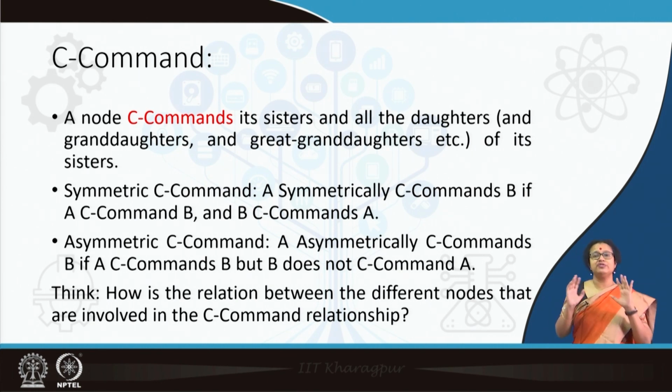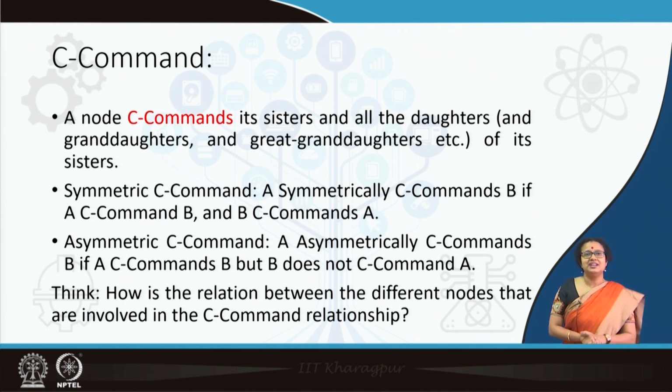So, just try to visualize a tree in front of you. If node A is there, it is C commanding, which is a relationship, its sisters which are at the same level, and the daughters and daughters of its sisters. So, something which is dominated by the sisters. So, daughters and granddaughters and great granddaughters etc. of its sisters. So, this is the definition of C command.